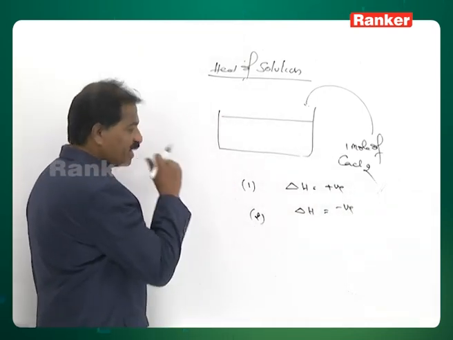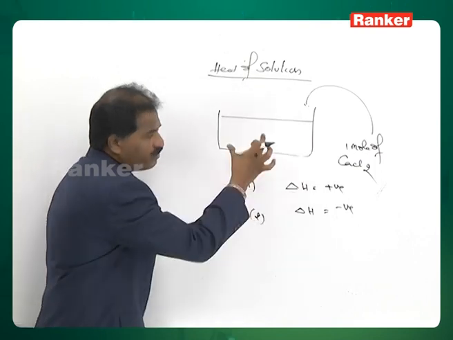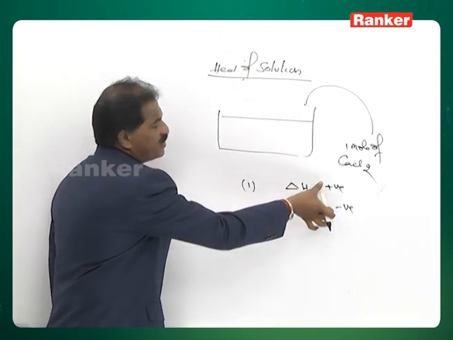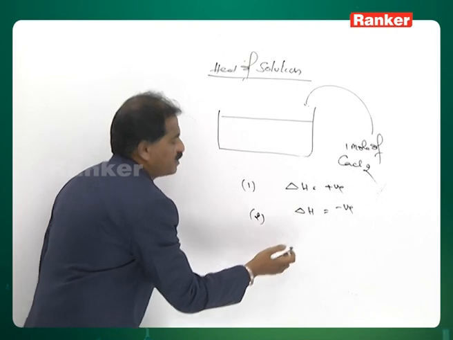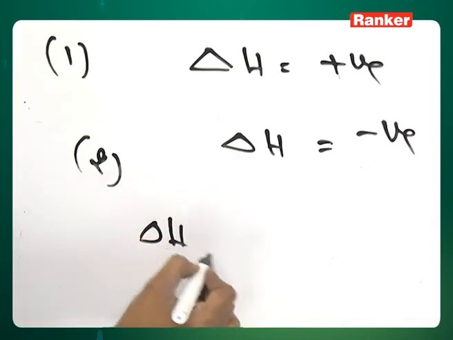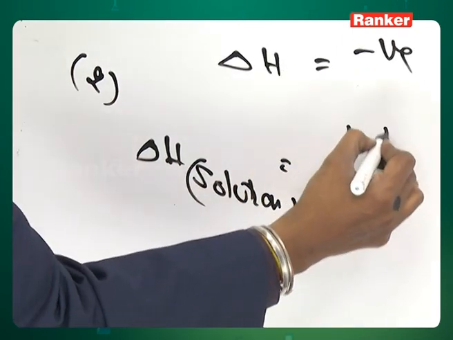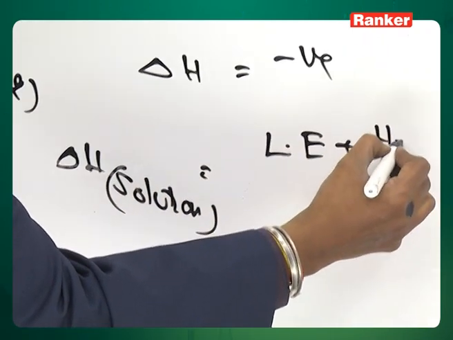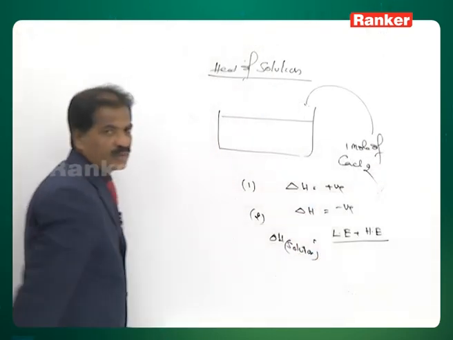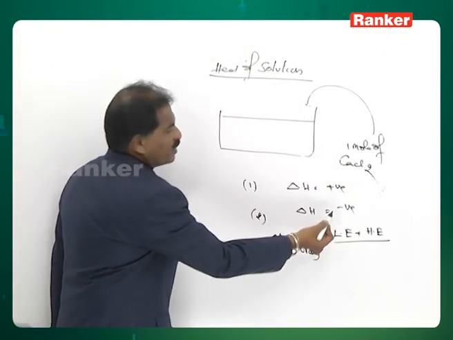Therefore, the total energy change involved during the formation of the solution is the sum of these two terms, lattice energy plus hydration energy. Therefore, heat of solution is equal to the sum of lattice energy and hydration energy. This is positive and this is negative.